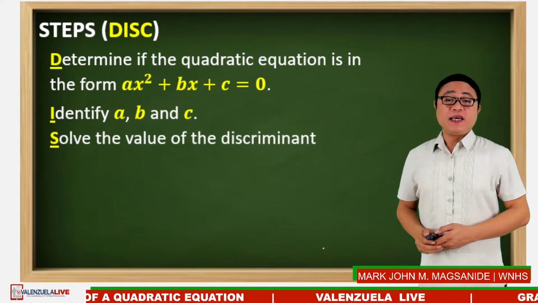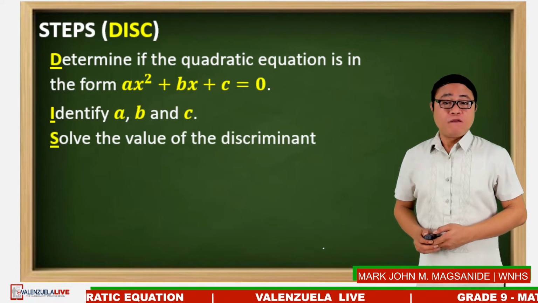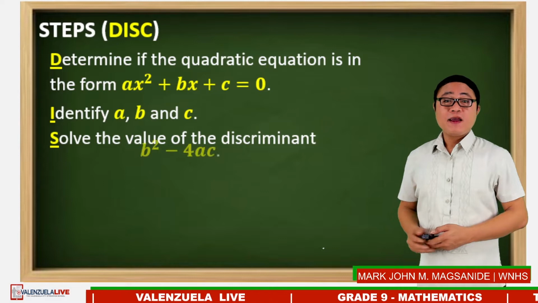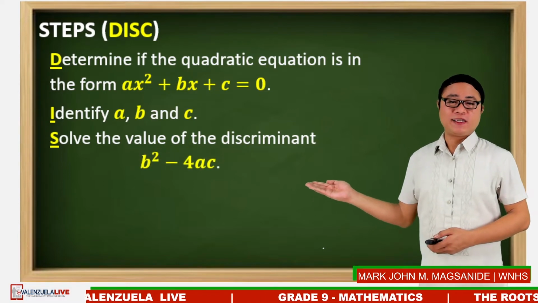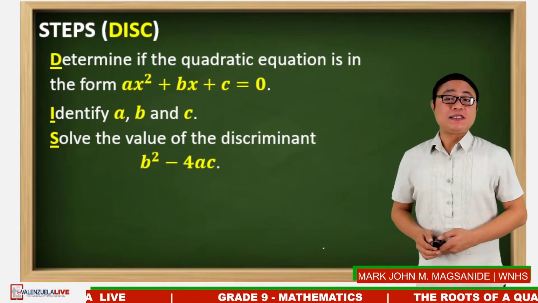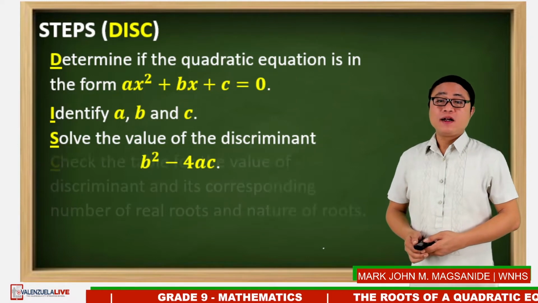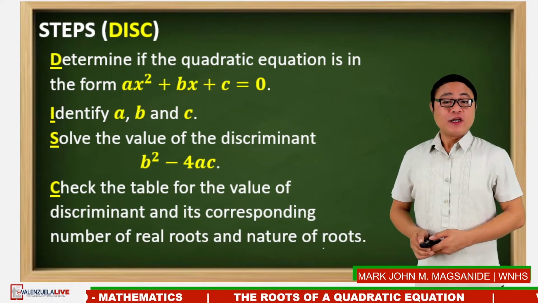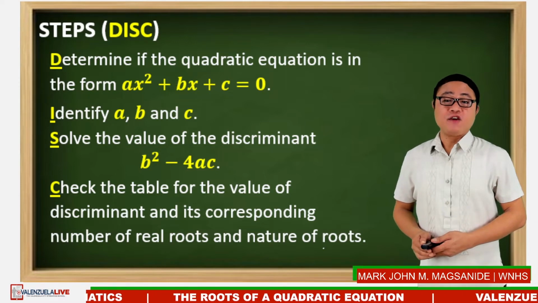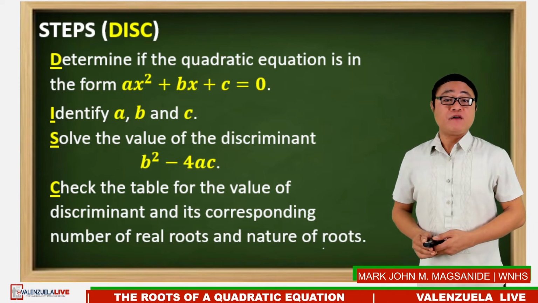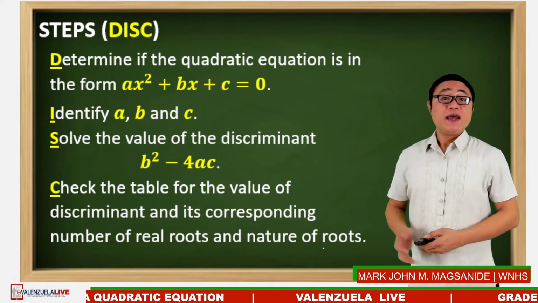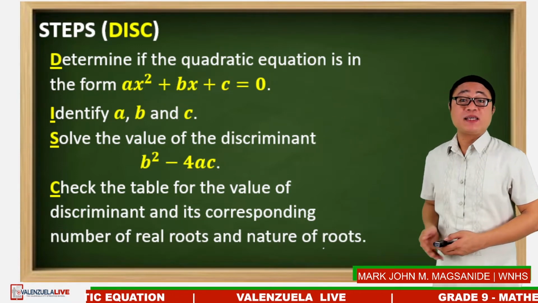For S, it stands for solve the value of the discriminant using b squared minus 4ac. And lastly, C stands for check. Checking the value in the table for the discriminant value for its corresponding number of real roots and nature of roots. Let us now apply these steps in the following examples.